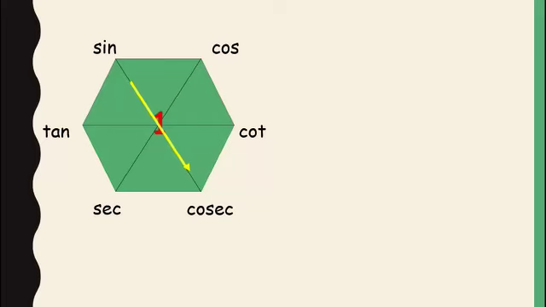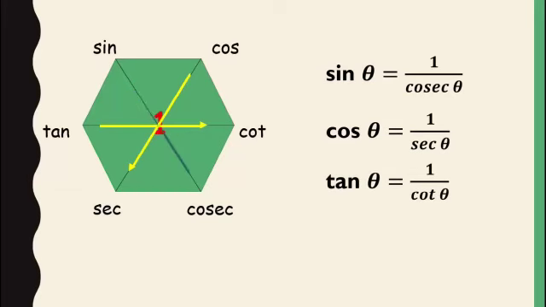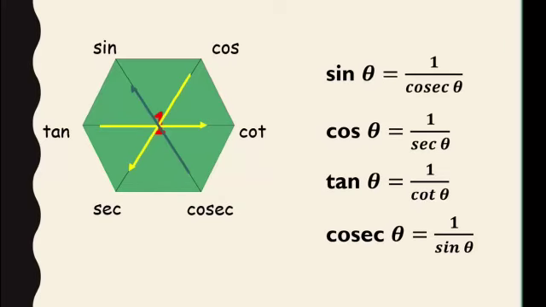This row tells us that sine theta is 1 by cosec theta, and this row tells us cos theta is 1 by sec theta, and this row tells us that tan theta is 1 by cot theta. If the row is drawn like this, we even say that cosec theta is 1 by sin theta. So remember, functions at diagonally opposite vertices are reciprocals of each other.